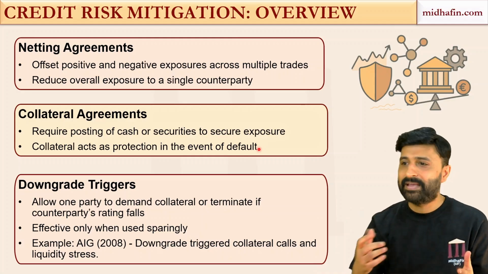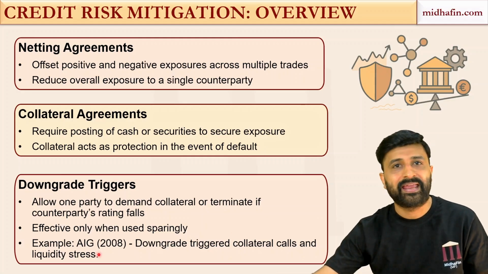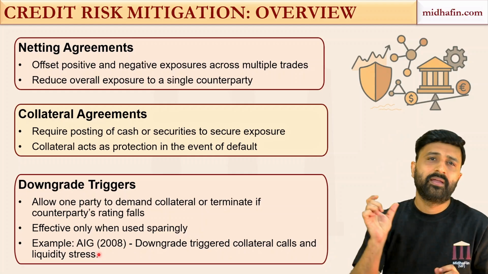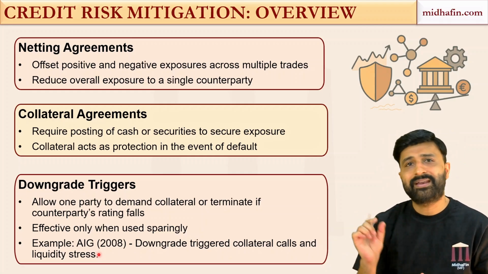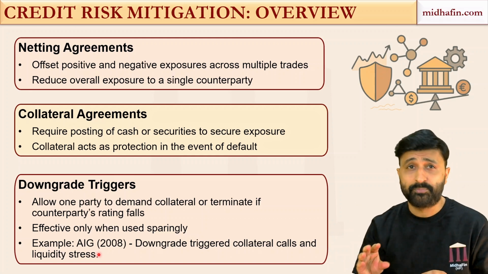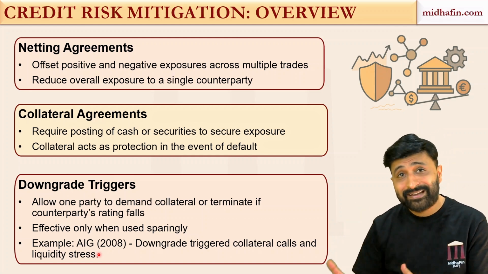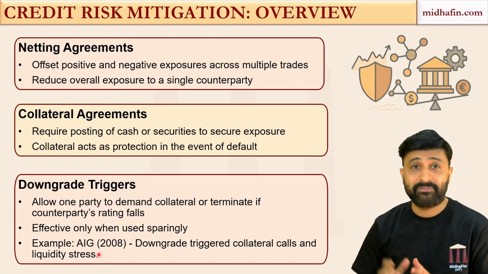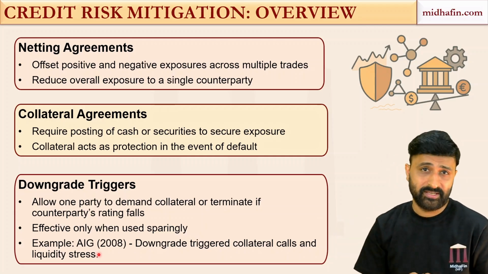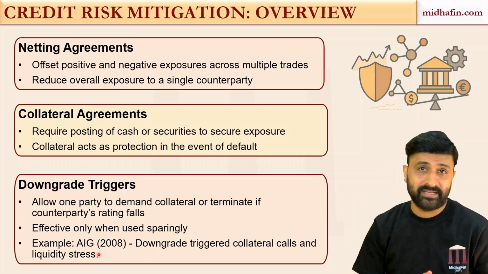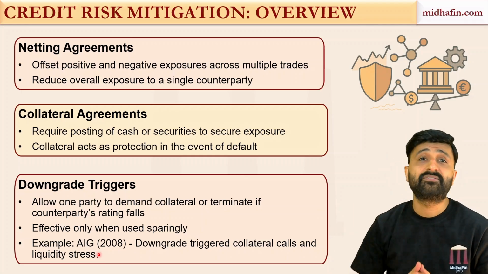A classic example is AIG in 2008. AIG had sold credit protection on a large number of AAA rated CDO tranches, and its contract said it would not have to post collateral as long as its credit rating stayed above AA. But when all three rating agencies, Moody's, S&P, and Fitch, downgraded AIG below AA in September 2008, it immediately faced massive collateral calls.